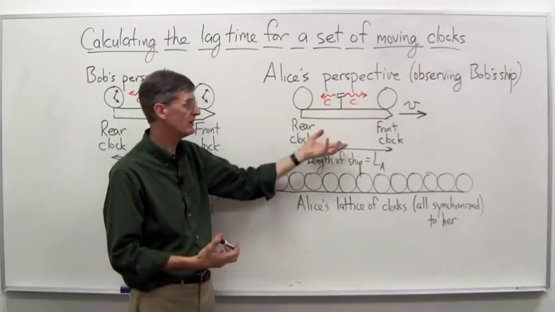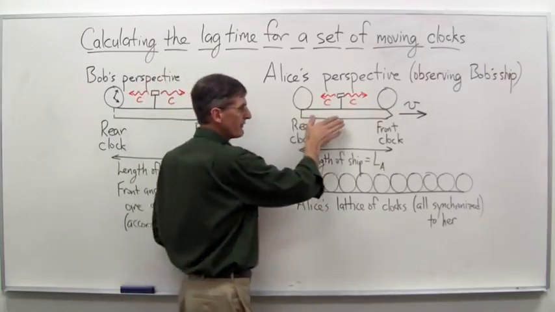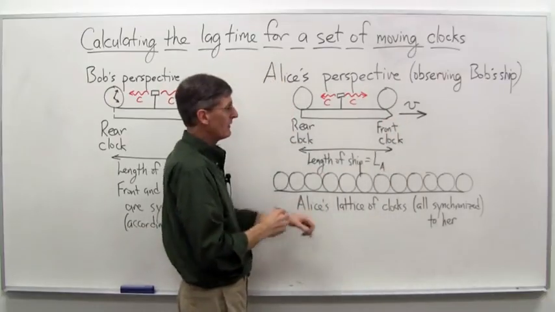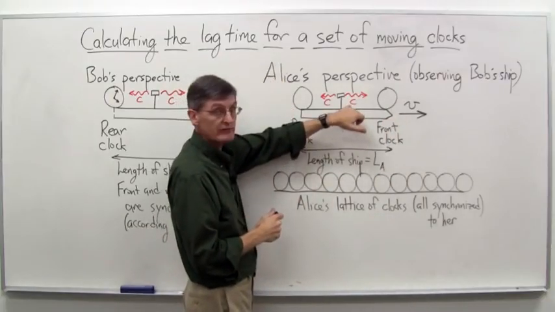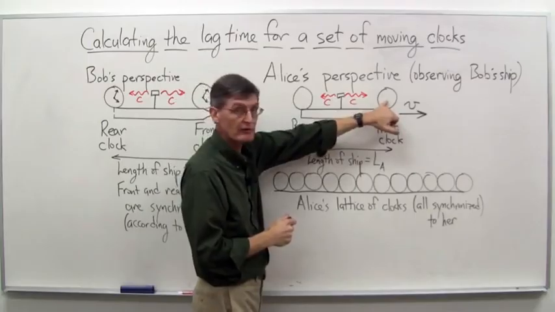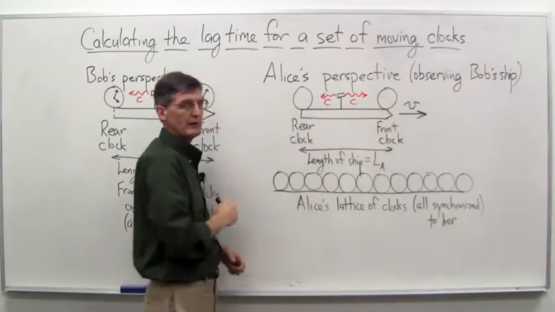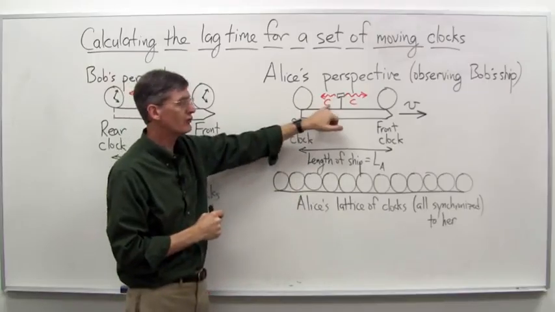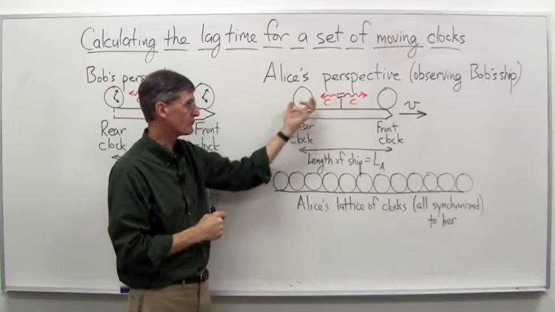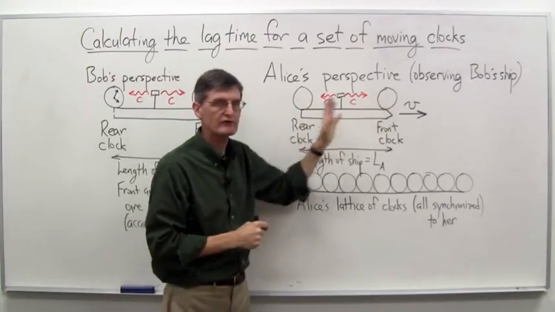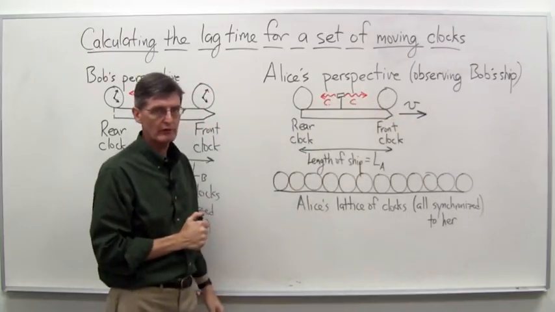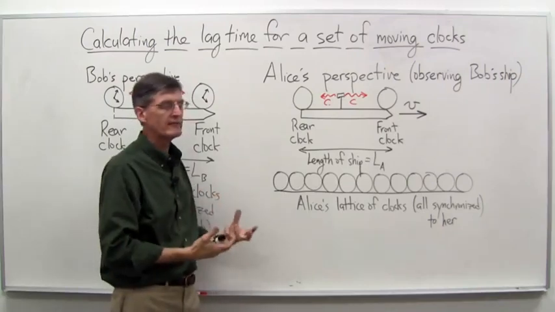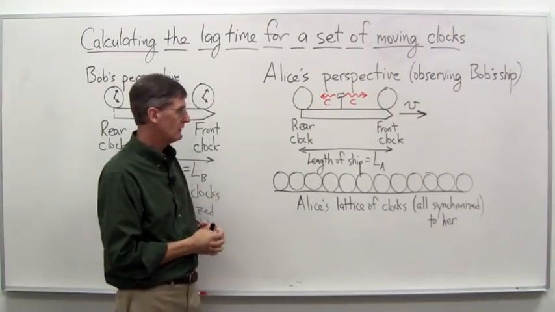They're just still c. And so what happens here, as the front of the ship moves off in that direction by velocity v, it takes this light beam longer to get to the front clock than the backward going light beam to get to the rear clock, because the rear clock is getting closer to that light beam as it's traveling toward it, and the front clock is traveling away from the frontward going light beam. So qualitatively, we can see there is a difference there.